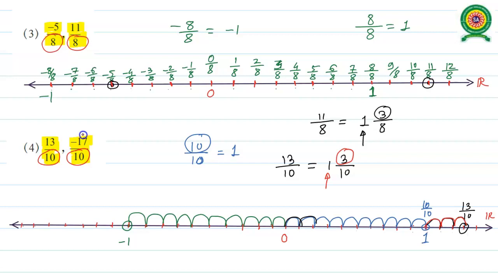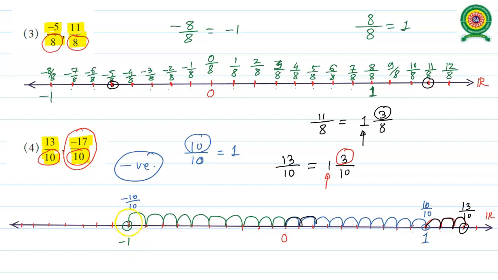Now look carefully at where we have to plot minus 17 divided by 10. We have to move 17 places towards the left due to the negative sign. Keep in mind, we already have minus 10 by 10 at the place of minus 1.